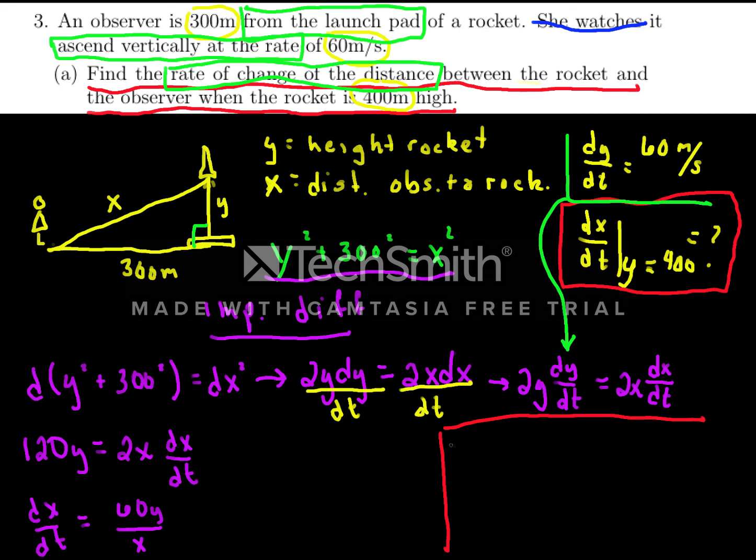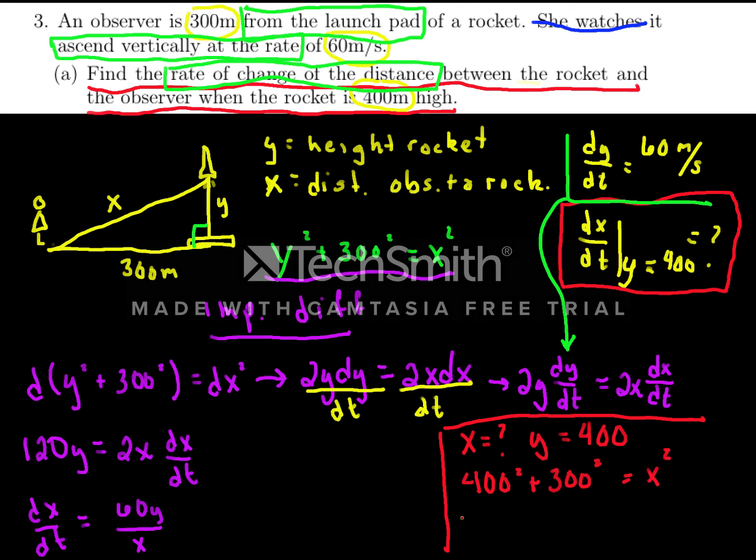I want to know what is x equal to when y is equal to 400. And we can come back, we have our relationship to y and x. Y squared plus 300 squared equals x squared. So this tells me that 400 squared plus 300 squared is x squared.